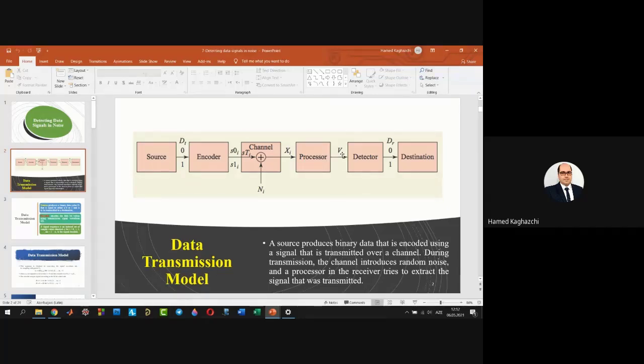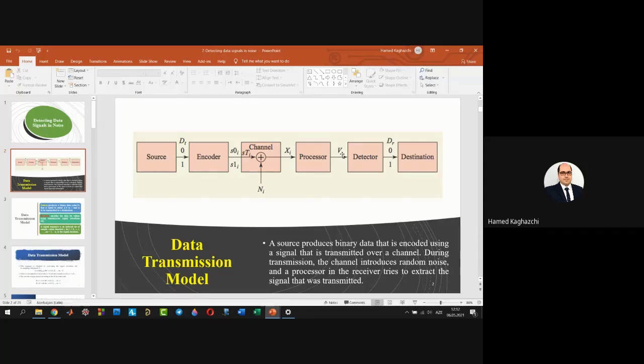Now in the detector, first of all, we need to find the value of V, or in other words, we need to find the output of the processor, the V signal. After that, according to the value of V, we need to extract the noise.